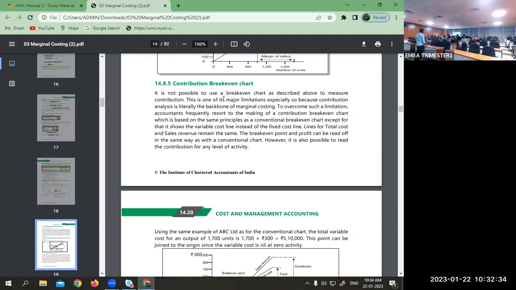Another case, like the example I told you: your total sales is 1 lakh, but your break-even sales is only 1,000. You are able to make real-time sales of 1 lakh. You are safe by 99,000 units.